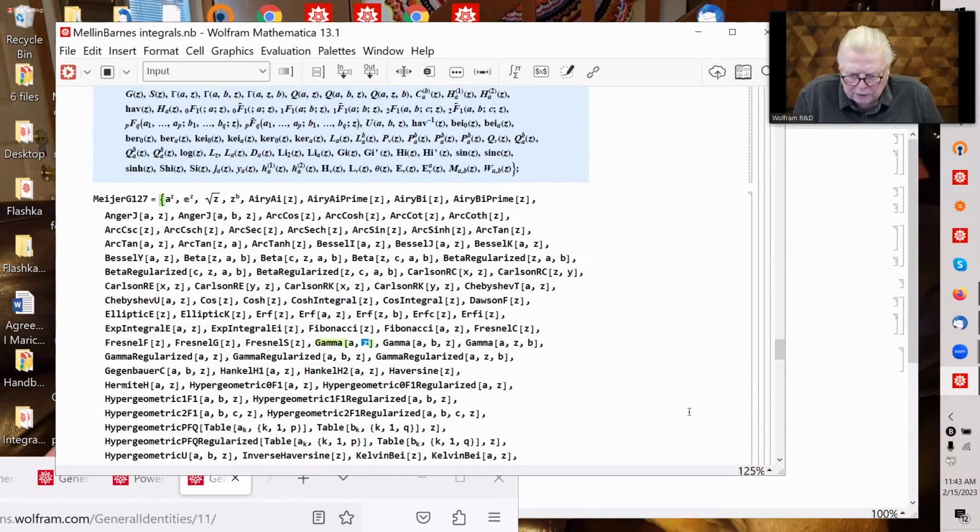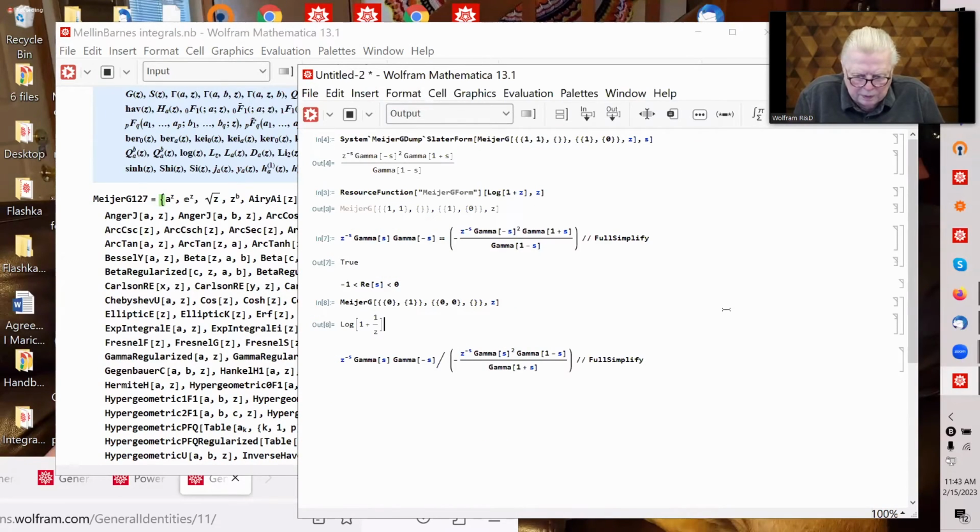And this operation can be done if we use command like this one command, resource function.